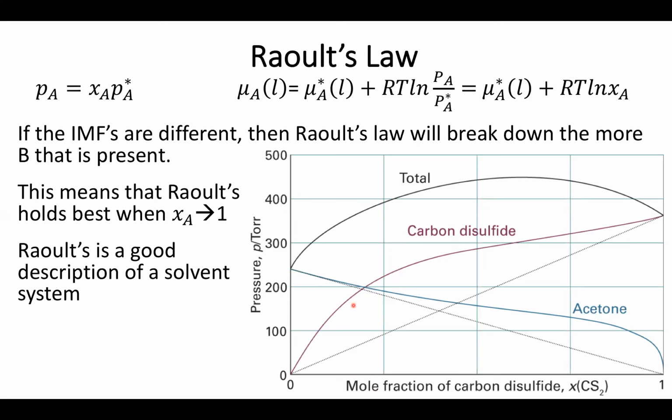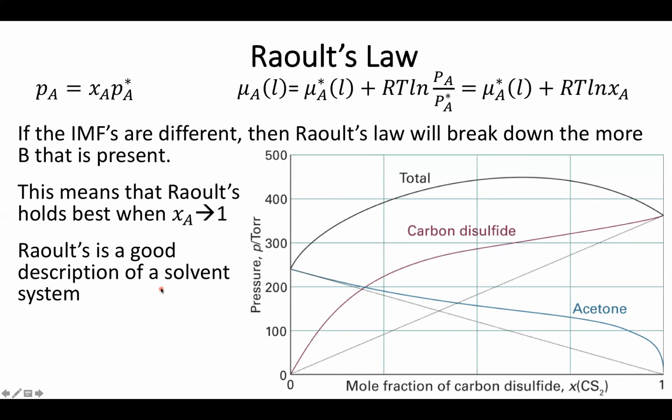But in general, the important idea is that because Raoult's law holds fairly well if the majority of what you're seeing around you is yourself, it's actually a pretty good description of the chemical potential and the vapor pressure of a solvent system. Because when you're the majority of what's present, that's a good solvent.